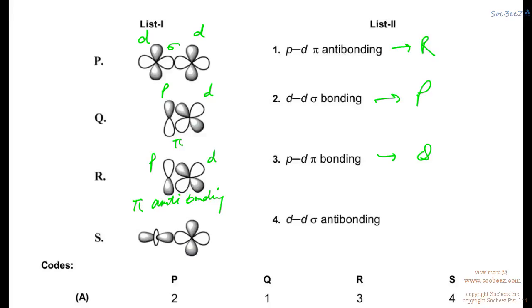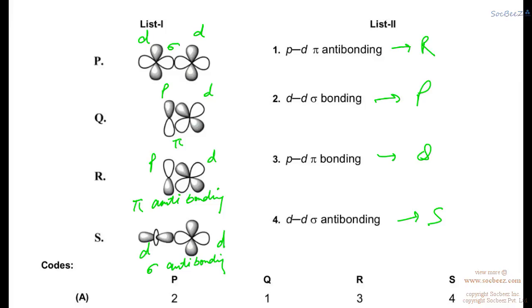Okay, and now in case of S, since a d orbital is there, dz2 is there, this is also a d orbital, and since sigma overlap is there, therefore dd, this is sigma anti-bonding. So S corresponds to 4.